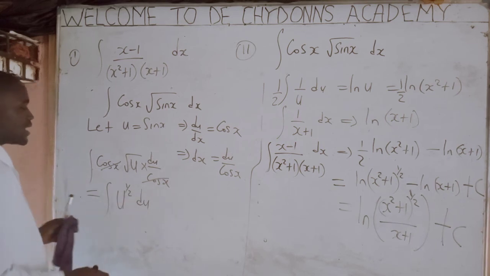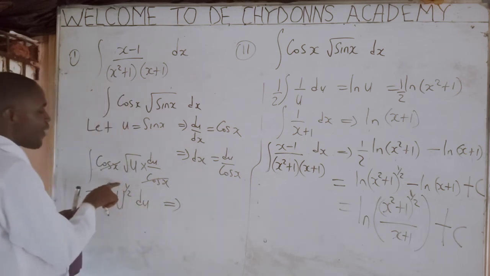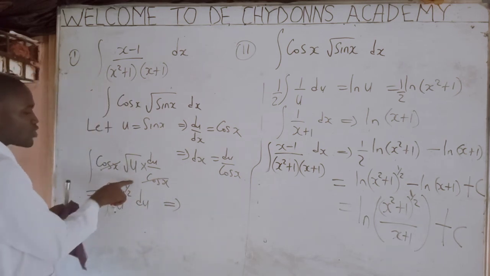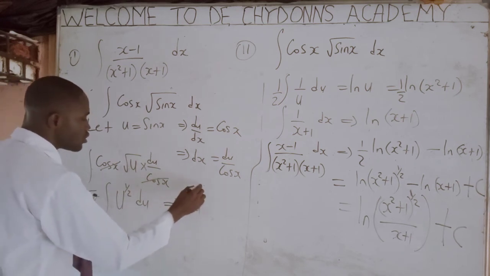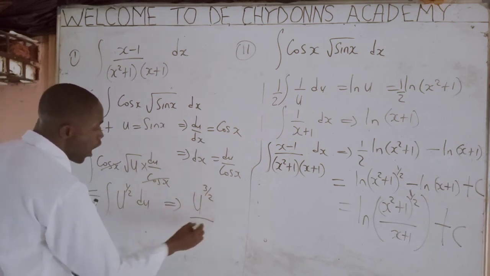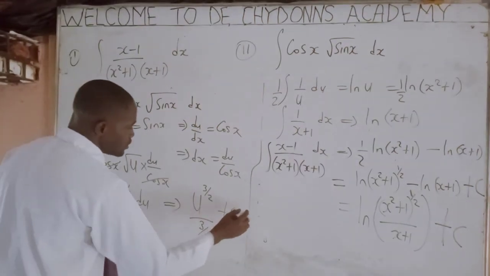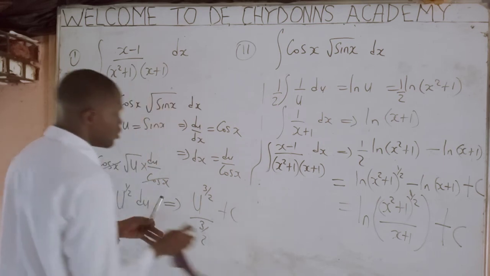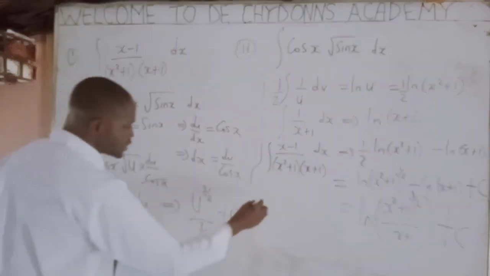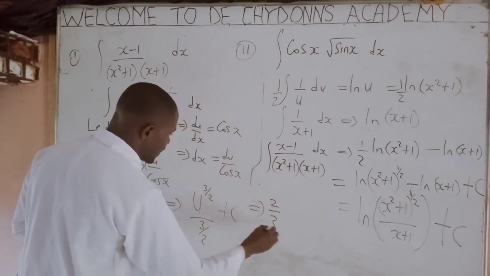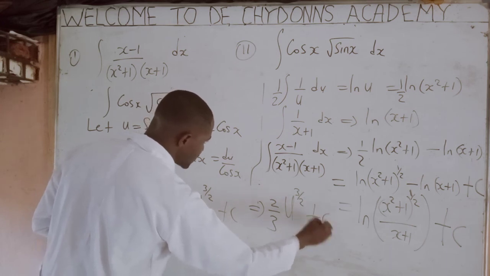How do we integrate this? Since the power is 1 over 2, add 1 to the power: 1 over 2 plus 1 will be giving us 3 over 2. All over the power 3 over 2, plus c. That gives us 2 over 3 u raised to power 3 over 2 plus c.